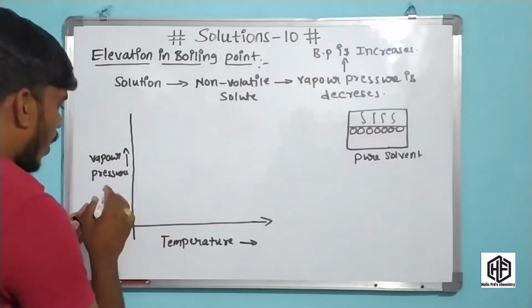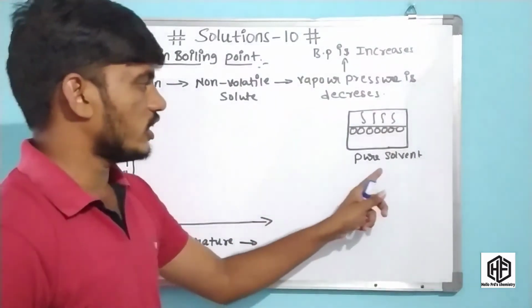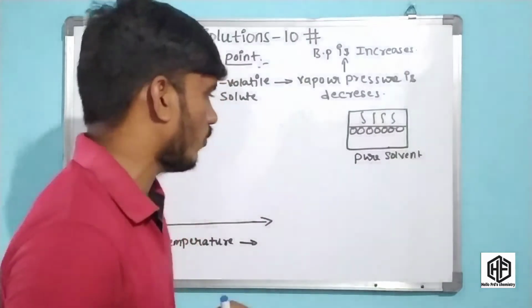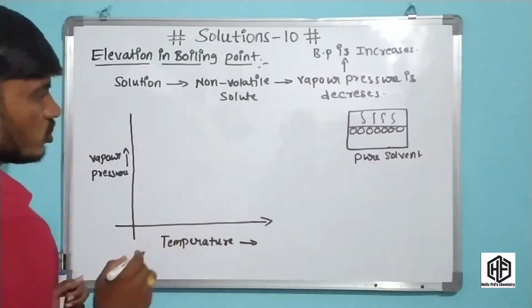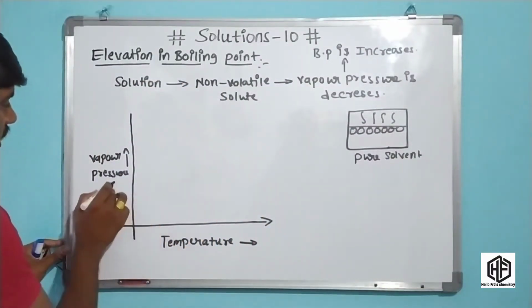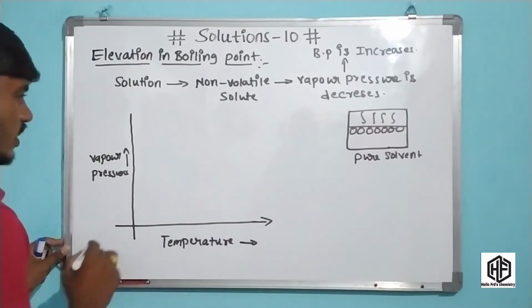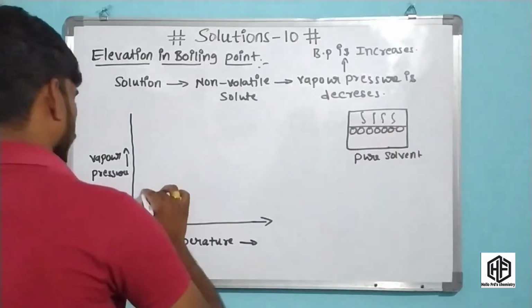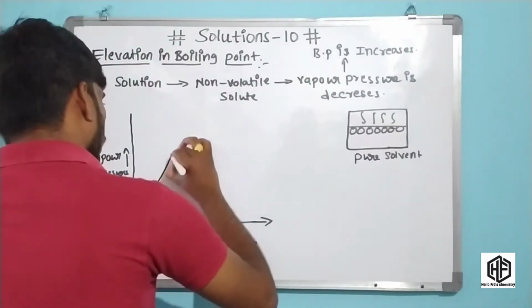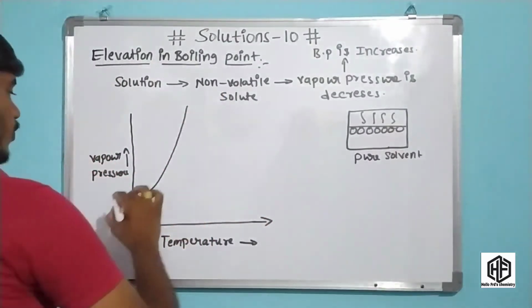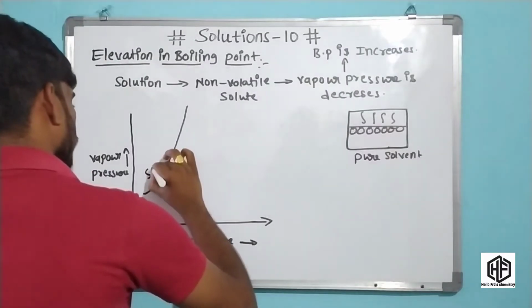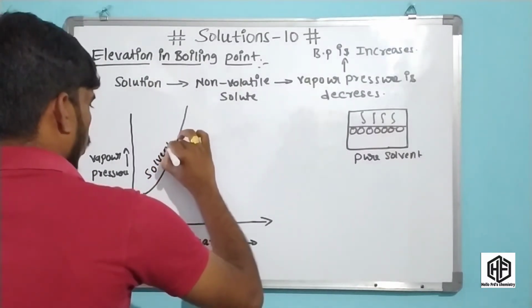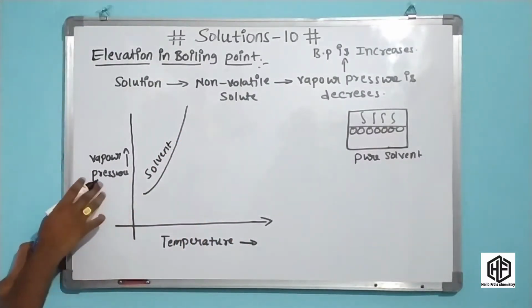For a pure liquid or pure solvent, as temperature increases, vapor pressure increases. Now I am representing the graph of this pure solvent. Okay friends, this is the graph representation of the solvent, the pure liquid or pure solvent.